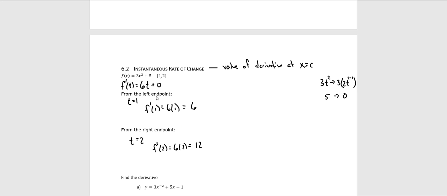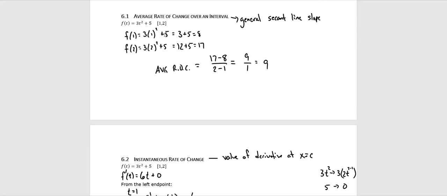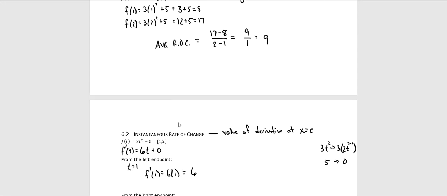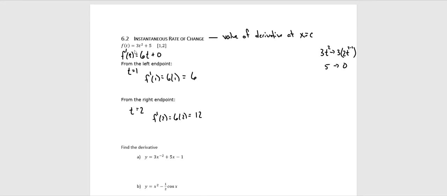After 1 second, it has a speed of 6 units per second. After 2 seconds, it has a speed of 12 units per second. So it's speeding up. The average rate of change says, over the course of this interval, it had an average speed of 9, which makes sense because the average of 6 and 12 makes 9. So this one's moving quite smoothly, quite nice.